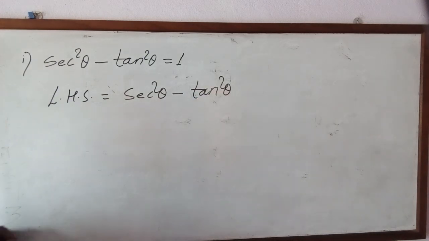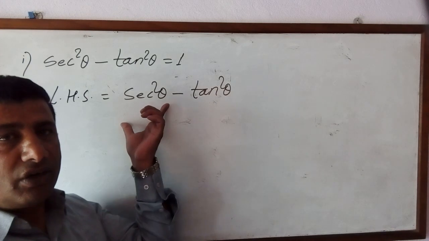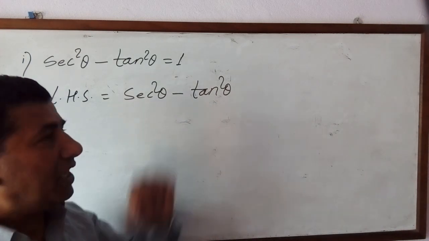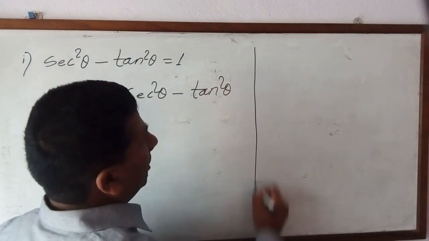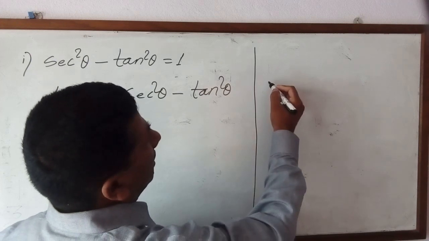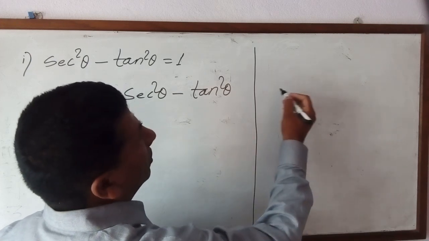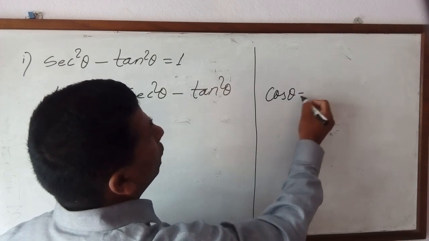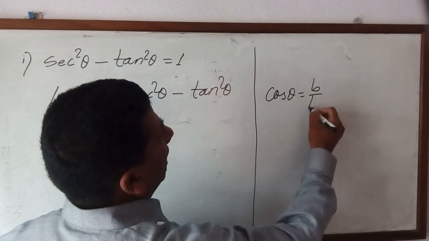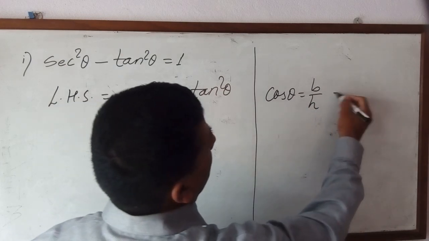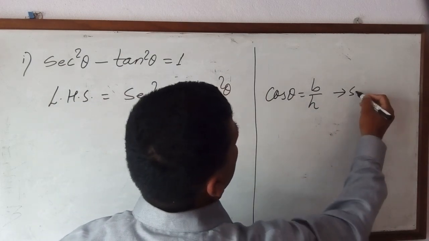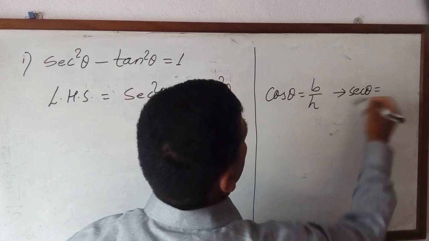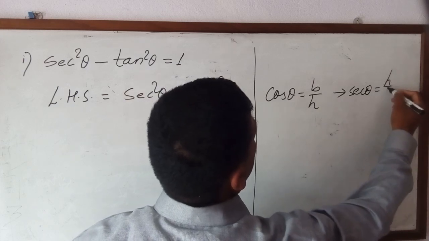Now write the trigonometric ratios of sec theta and tan theta. In my previous video I already wrote the trigonometric ratios: cos theta equals b by h, and its reciprocal, sec theta, equals h by b.